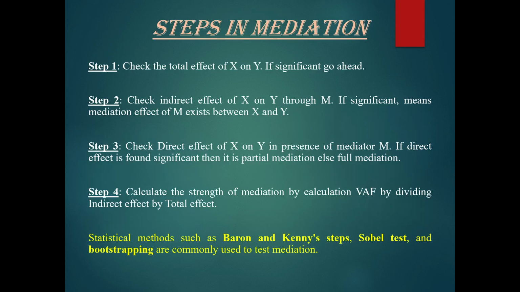Now let us consider the various steps involved in the mediation process. Step 1 is to check the total effect of X on Y. If it is significant, then only are we supposed to proceed further.